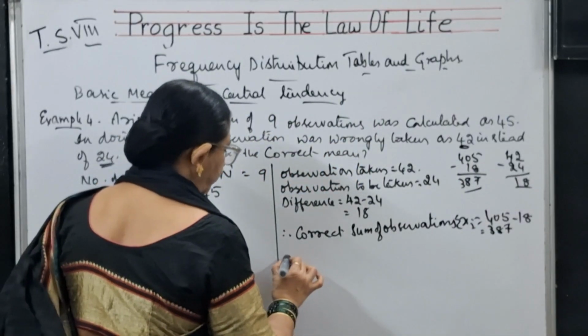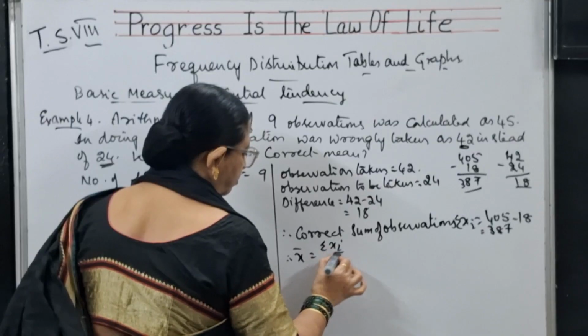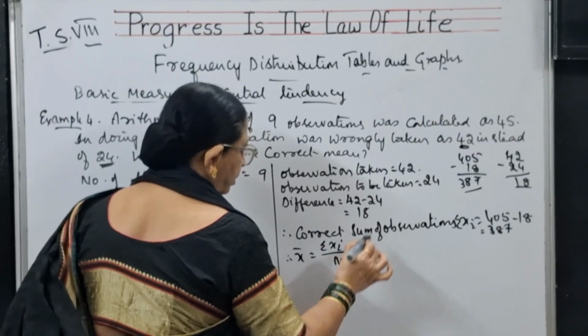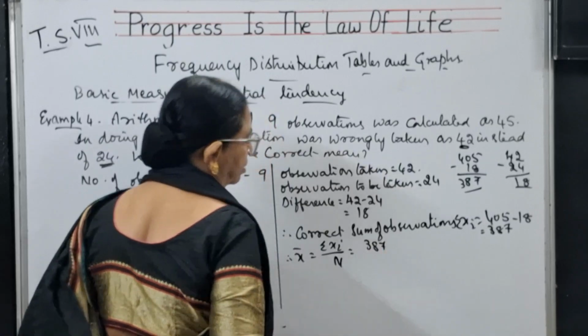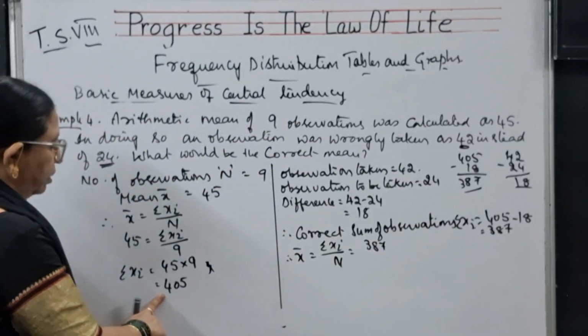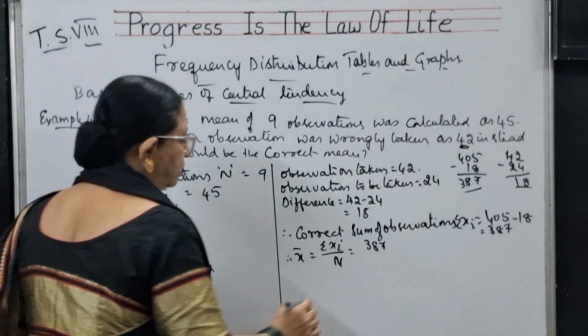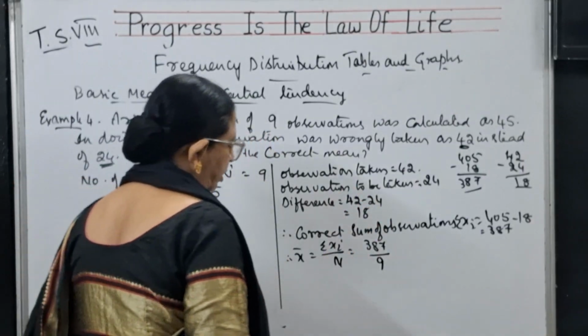So, therefore, mean is equal to sigma xi by n. That is, sigma xi is now 387. It is not 405. It should be 387 by 9.